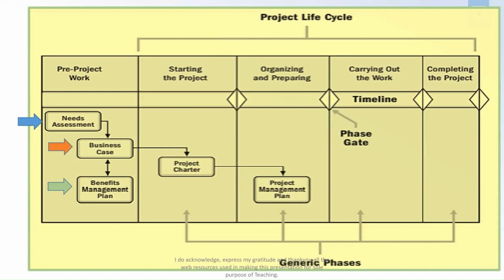So need assessment, if the need assessment is there, it has to pass through the business case scenario. Business case will be evaluated independently in collaboration with the benefit management plan. And finally, with the amalgamation of these 3 things, a project charter will be developed to start a project.